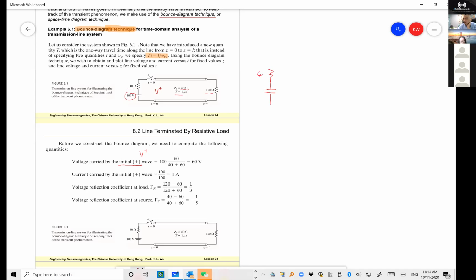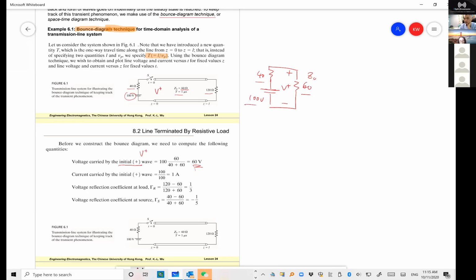I have the resistance 40, and then 60, which is the intrinsic impedance. This is 100 volts. This is V plus at the initial time. Then the current that it carries is the voltage divided by the total resistance, 40 plus 60, which is 100.